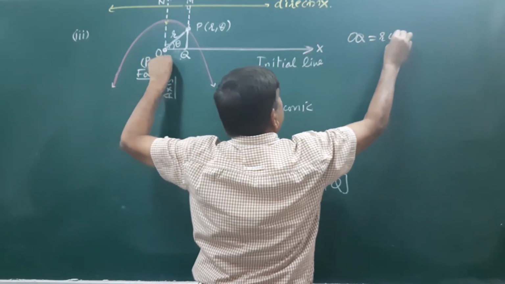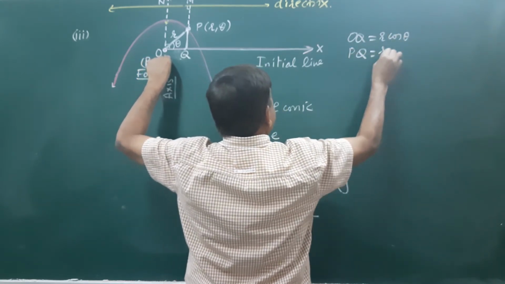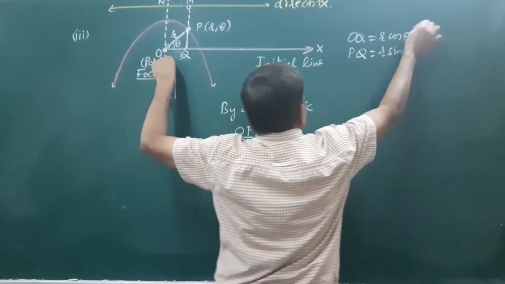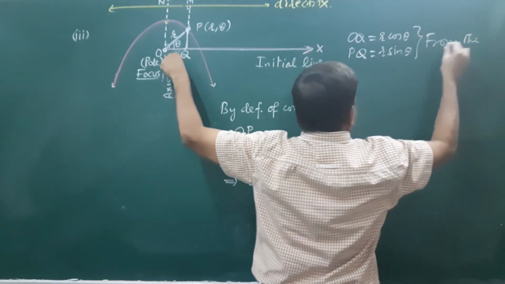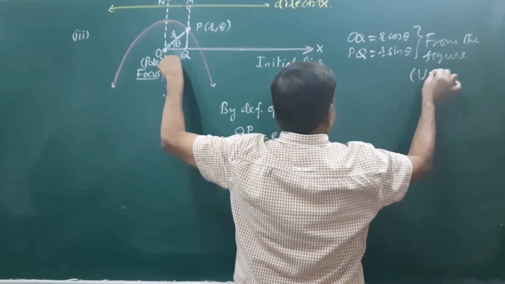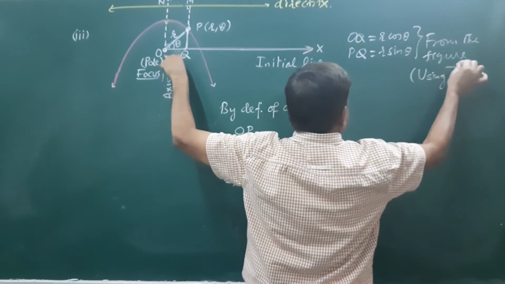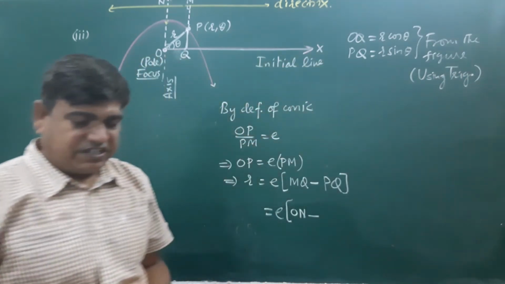What is OQ here? OQ is R cos theta and PQ is R sin theta, from the figure, using trigonometry. Okay.